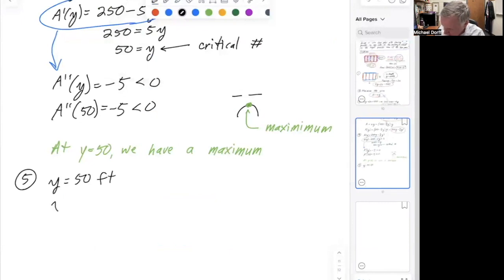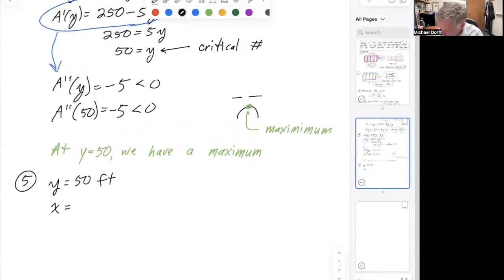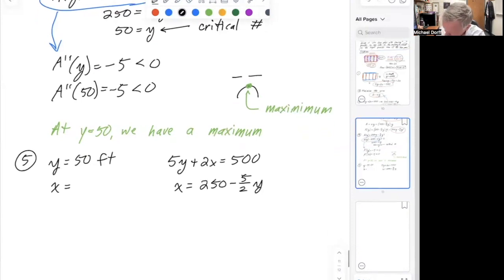So what is x? All right, well, we're going to go back to here. Remember that we had this equation that it was 5y plus 2x equals 500, and we solved for x. X equals then 250 minus 5/2 y.